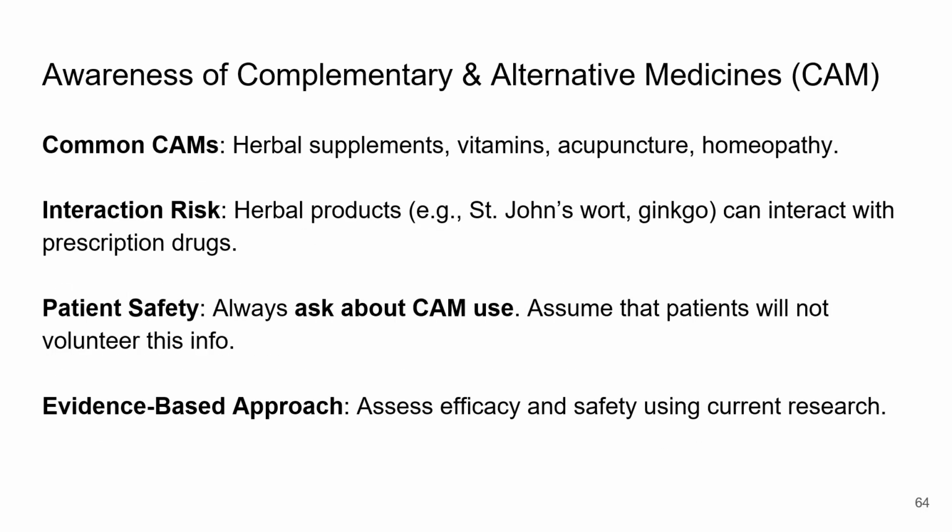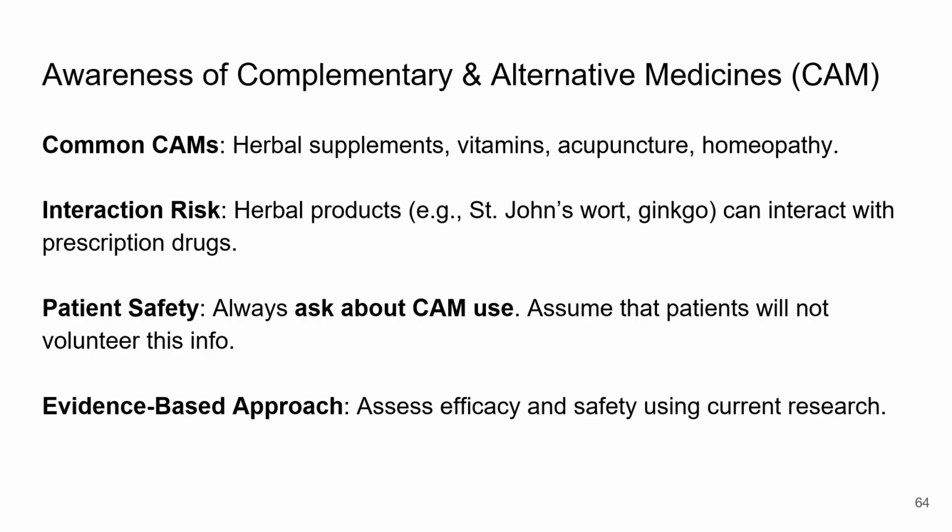Okay, so like I said, you have to make sure you're aware of any other complementary or alternative medications a patient may be taking. So some of our common complementary and alternative medications are herbal supplements, vitamins, acupuncture, homeopathic remedies. There is a lot of interaction risk with herbal products that will affect your prescription drugs, especially your drugs with a narrower therapeutic index.